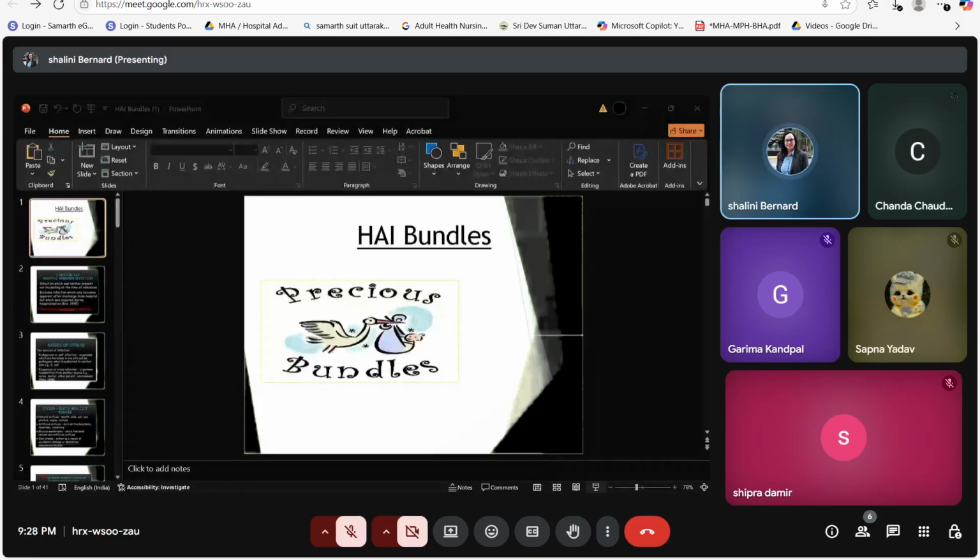Flow system: we should not disconnect the Foley catheter and the Urobag tubing. Drainage: the bag should always be attached below the bladder level to prevent backflow. The drainage bag should not touch the floor to prevent any contamination.